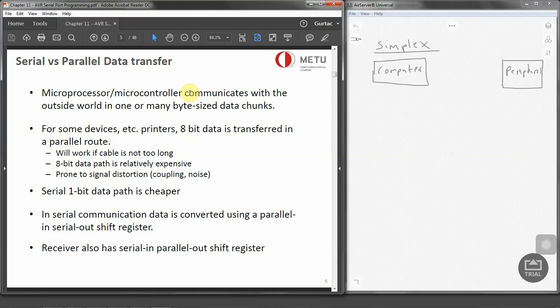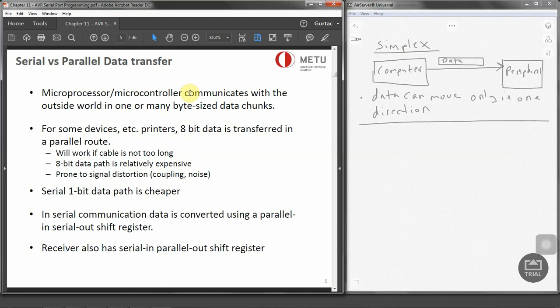With simplex, we have one line going from one to the other, and data can move only in one direction. This is simplex. And what we are doing is sending a data block over there.